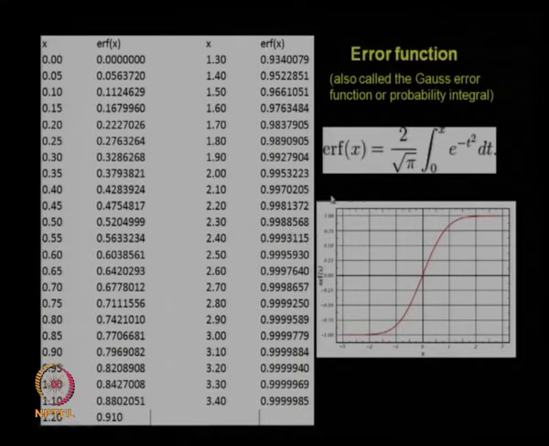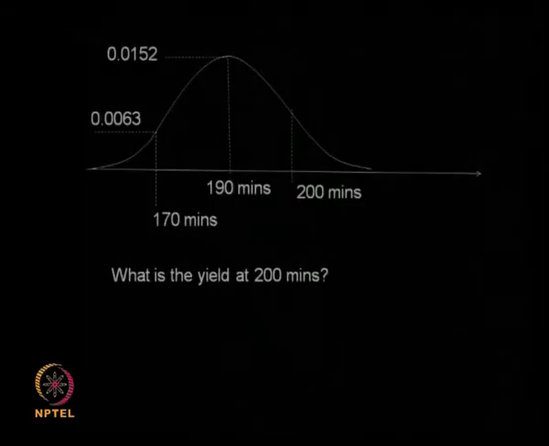Now this particular table was taken from a Wikipedia website. So for any value of x, we can calculate the error function from this table. This table is going to be very useful in calculating yields.